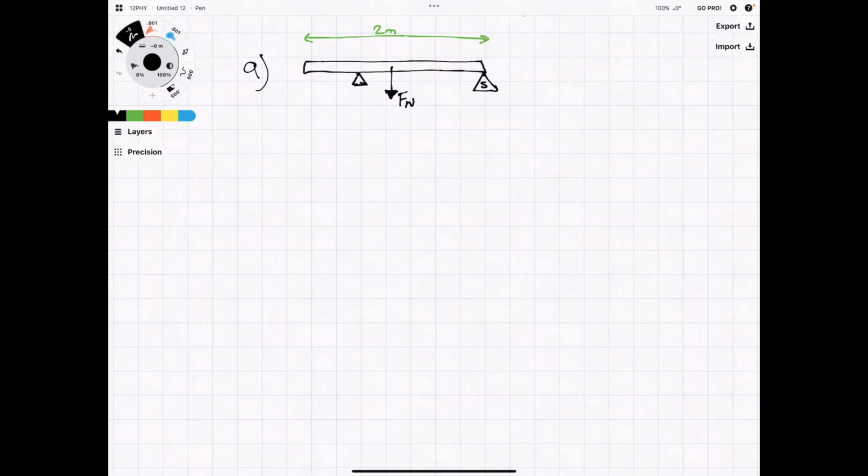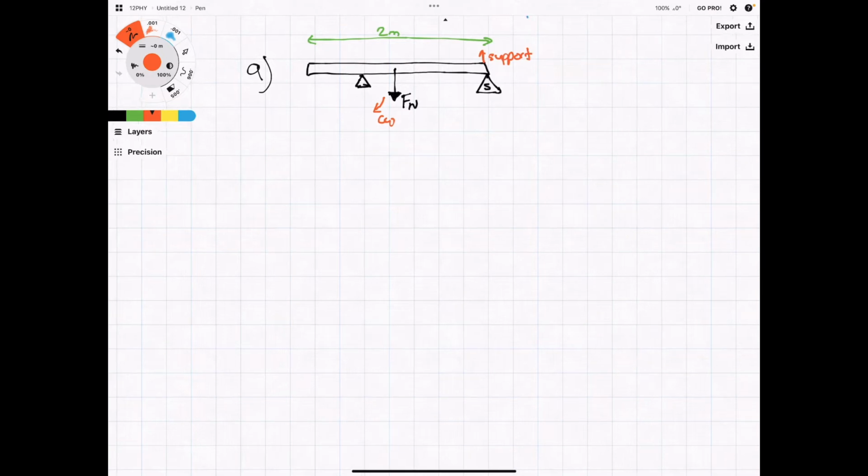That way, the torque from the weight force that pulls it in a clockwise direction will require the spring to do some support. Because scales actually measure support force and then convert it into mass later on.